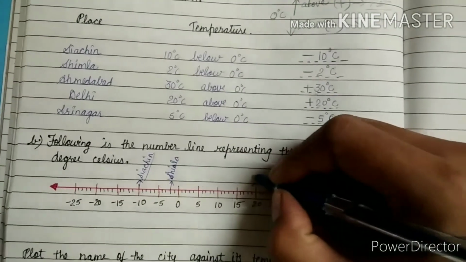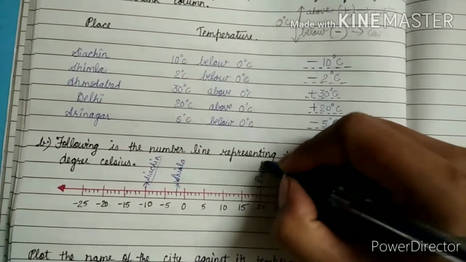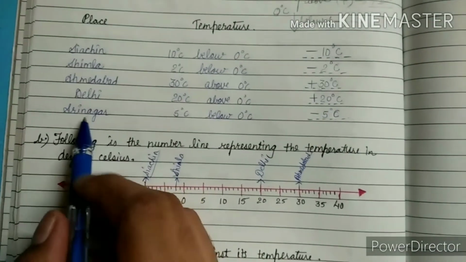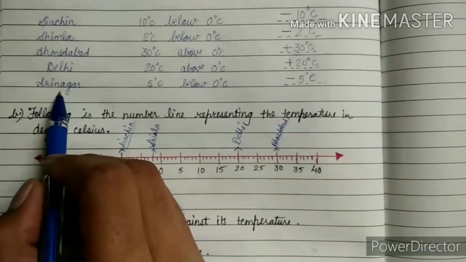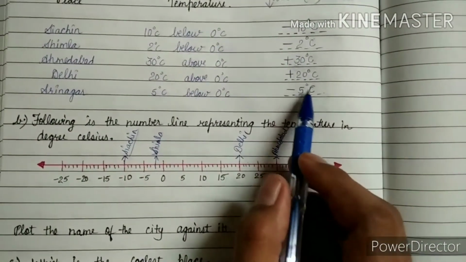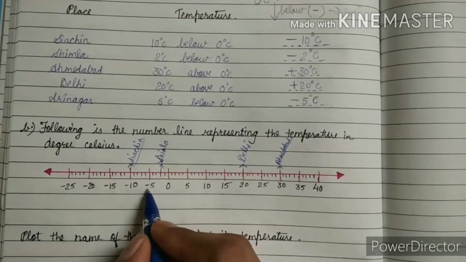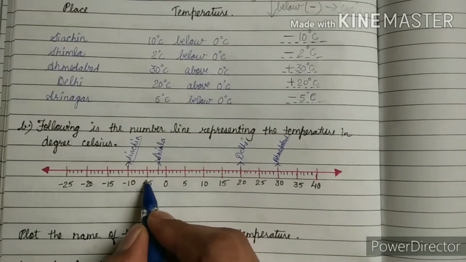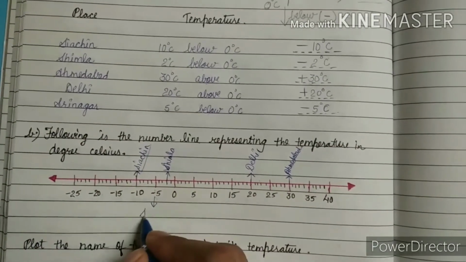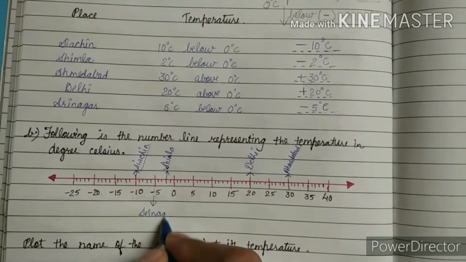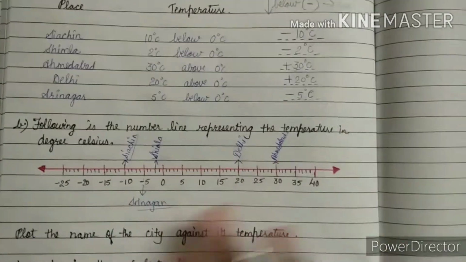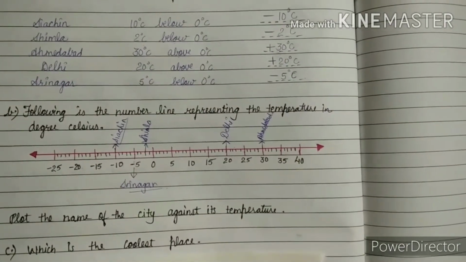So this is Delhi. And the last is Srinagar. Srinagar is having the temperature of negative 5 degrees Celsius. Negative 5 is directly visible. Yes, here is negative 5. Okay, Srinagar. So here we completed plotting all the cities.